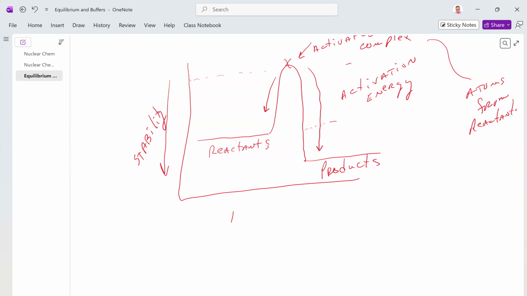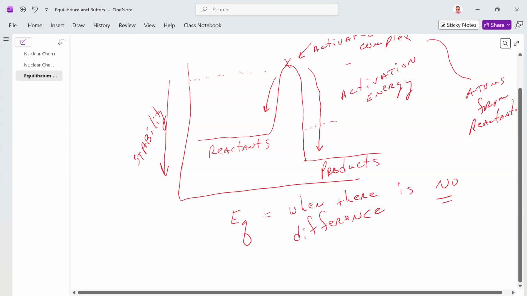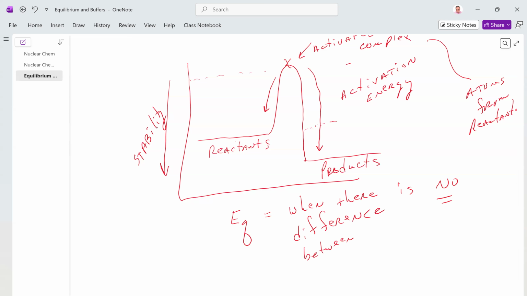So equilibrium now, once we reach this state, I'm going to abbreviate that EQ, is when there is no difference between the reactant concentration and product.